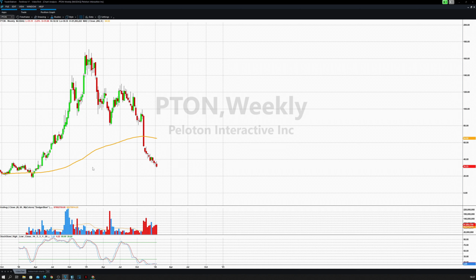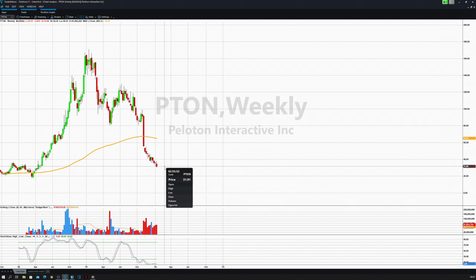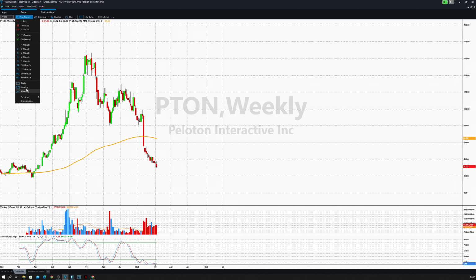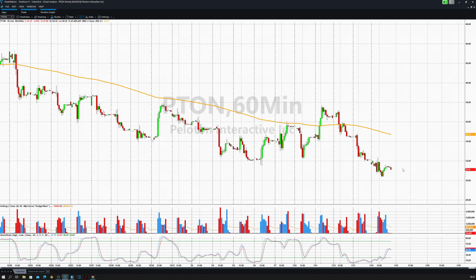Let me see. Yeah, there is a possibility for the stock to do a reversal from the 31.50. From the 31.50, this is the weekly, so let's move to the 60. 31.50 here should reverse to the 34 area, which is good.